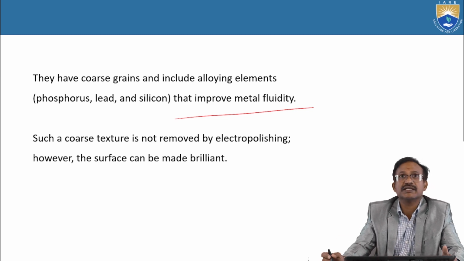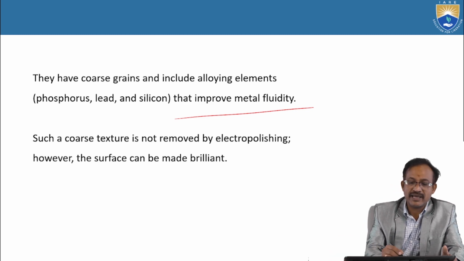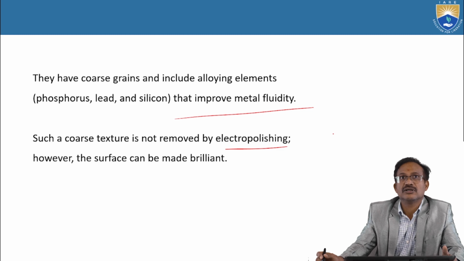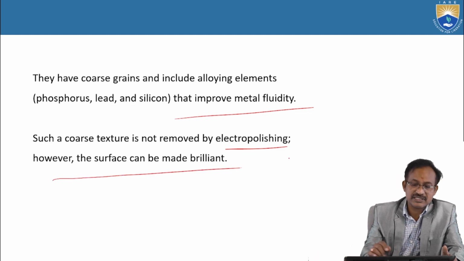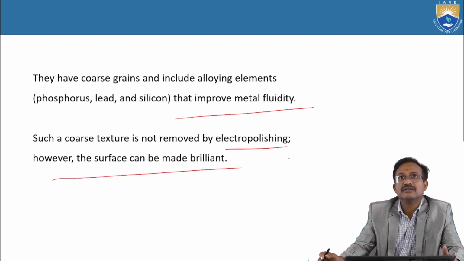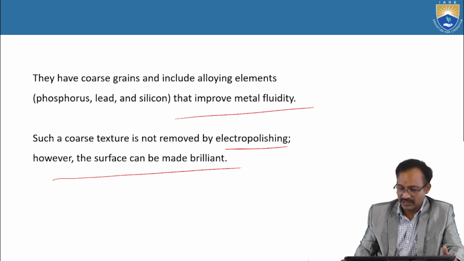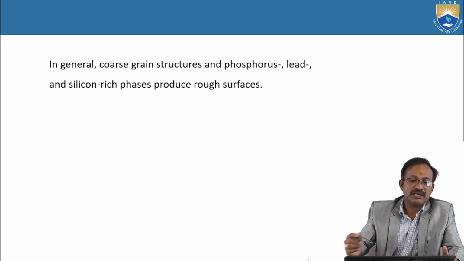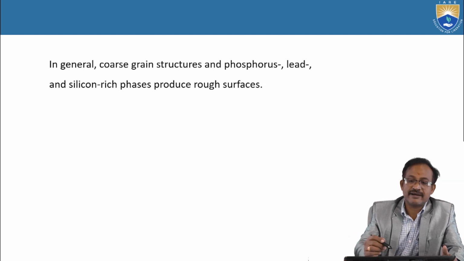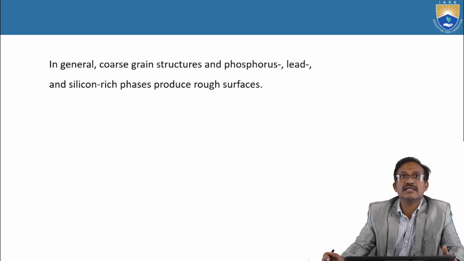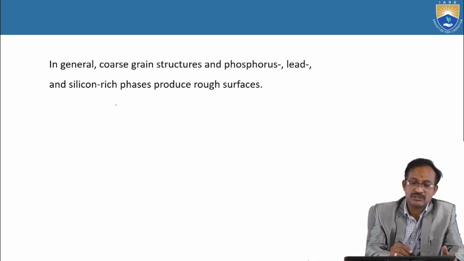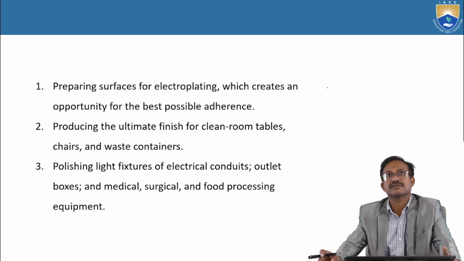Such a coarse texture is not removed by electropolishing. However, the surface can be made brilliant. In general, coarse grain structure and phosphorus, lead, and silicon rich phases produce rough surfaces.